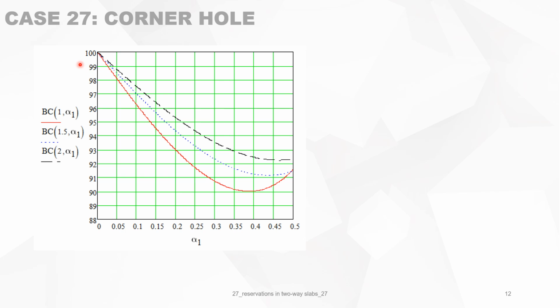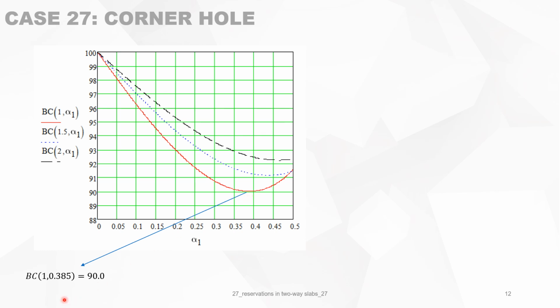The first thing we notice is that the bearing capacity is always decreasing. Always. So making a case 27 reservation will lead every time to a loss in bearing capacity. And this loss is between the black line and the red line.